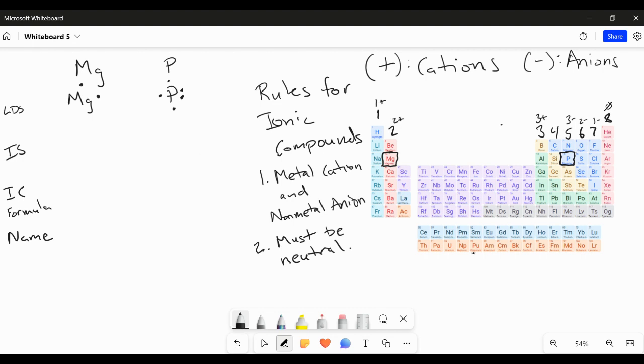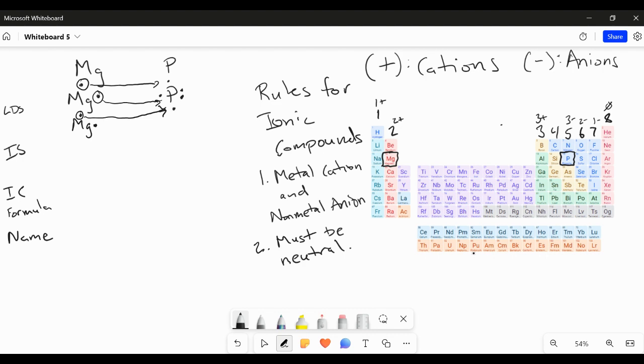So let's just start with what we got so far. Magnesium donates its 2 electrons to phosphorus. But phosphorus still wants an electron. So we're going to add another magnesium. Magnesium donates 1 to phosphorus. But now it's got an extra electron it wants to donate.